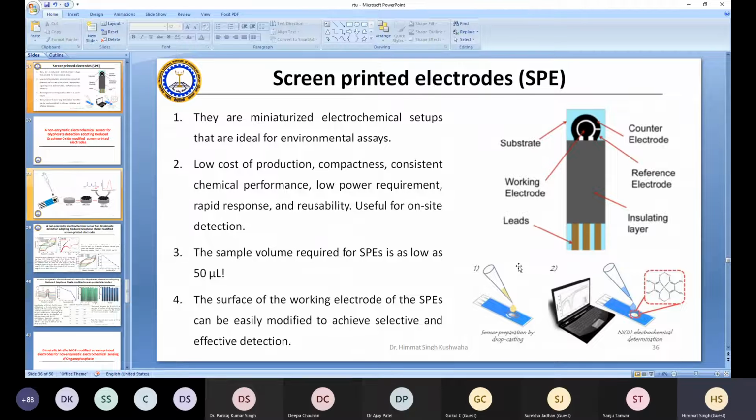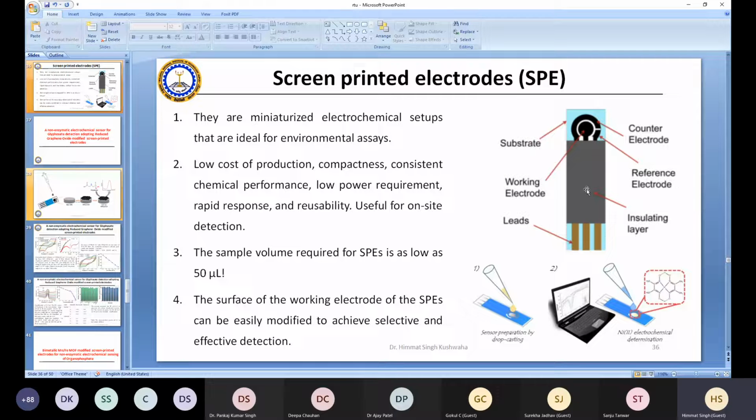Screen printed electrodes have all three electrodes set up over a substrate: the working electrode, the counter electrode, and the reference electrode, and they can be used for on-site detection also. The advantages are compactness, consistent chemical performance, low power requirement, rapid response, and reusability. Another advantage is that a very low sample volume is required.